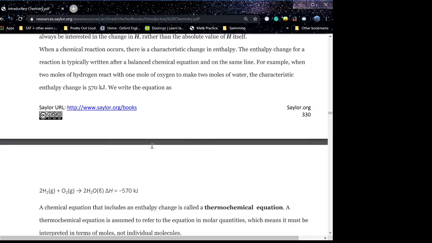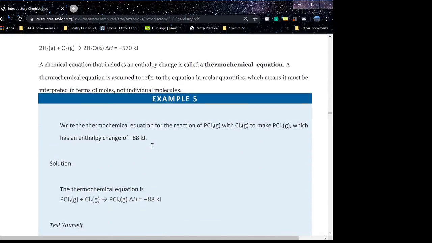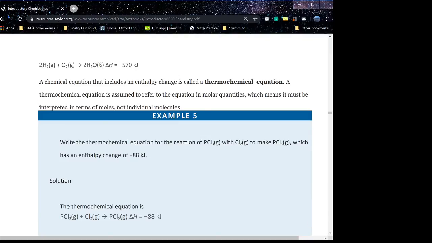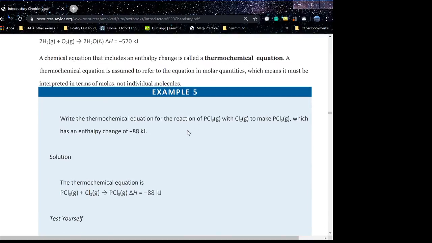Alright, let's take a look at this example that they put. This equation is described as a thermochemical equation. Here they are writing one for PCl3 in gaseous form, Cl2, and PCl5, and there's an enthalpy change of negative 88 kilojoules.